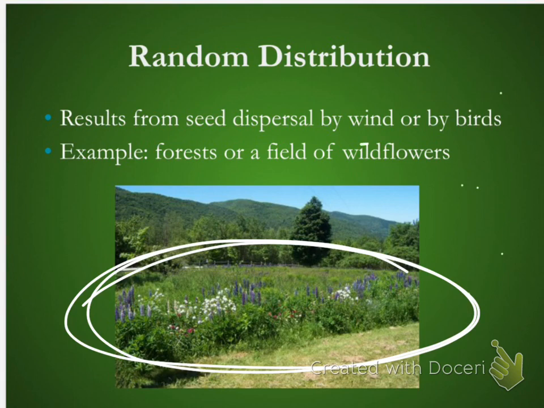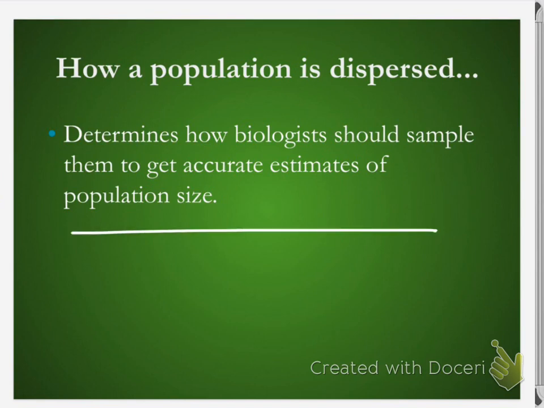Random distributions can look like just about anything, but they make random sampling work really well to understand the size of a population. So again, how a population is dispersed will help a biologist understand how they should sample that population to get an accurate estimate of population size. And that's what we'll talk about more when we do our paper lab on sampling.